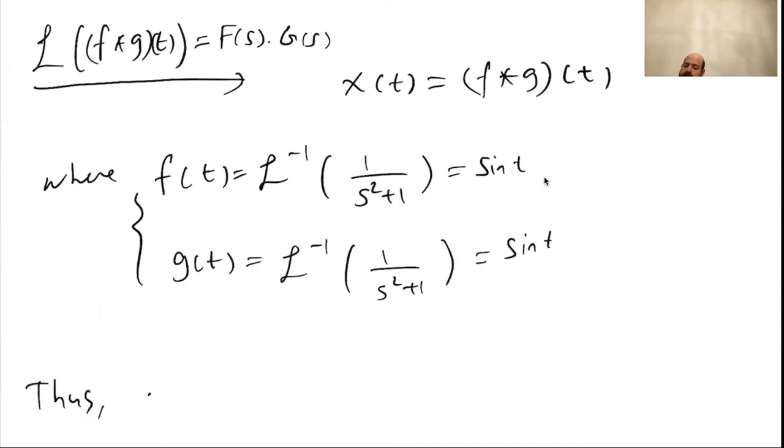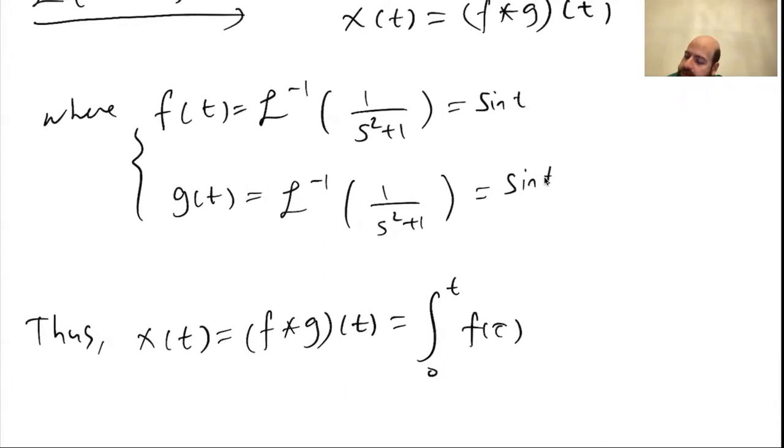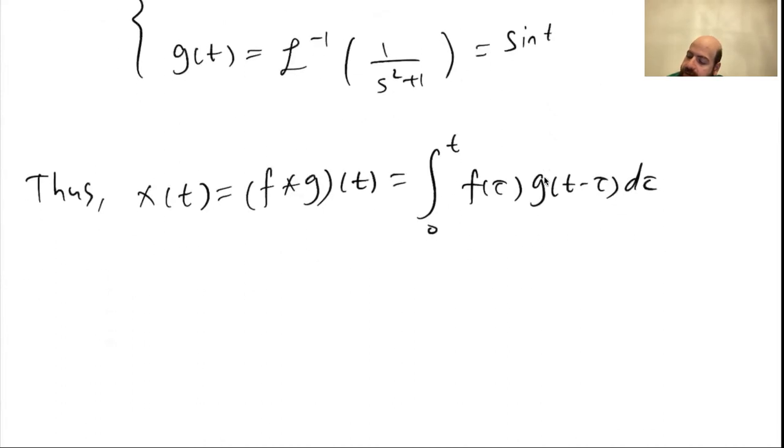So we can say that x of t will be f star g of t, and that's the integral from 0 to t. If you remember, the formula was f of tau g of t minus tau d tau. And now this will be the integral from 0 to t of sine tau sine of t minus tau d tau.